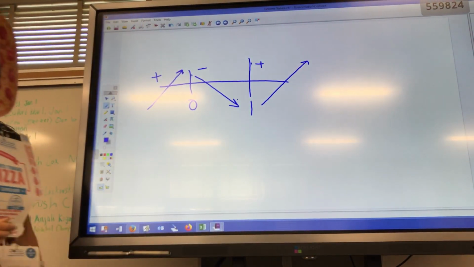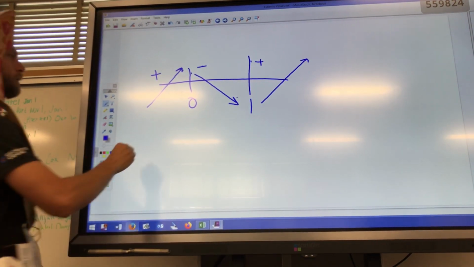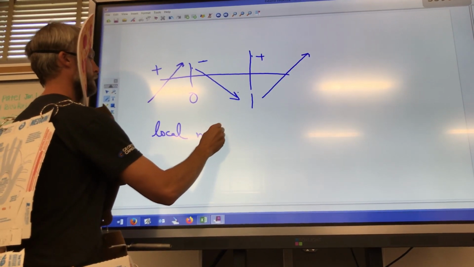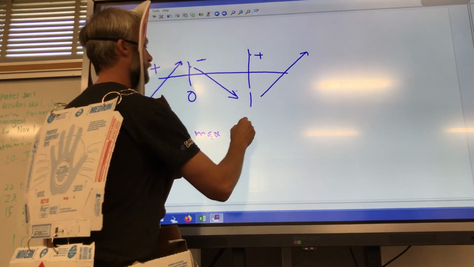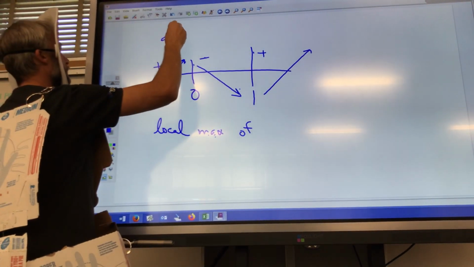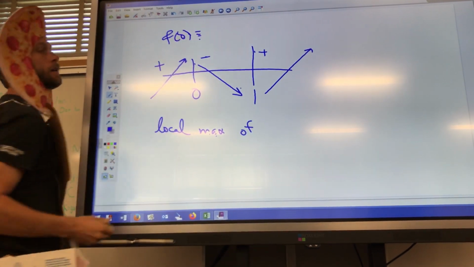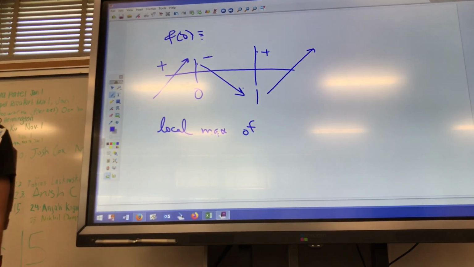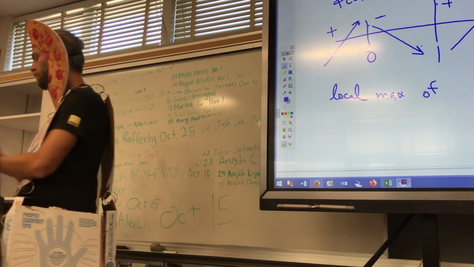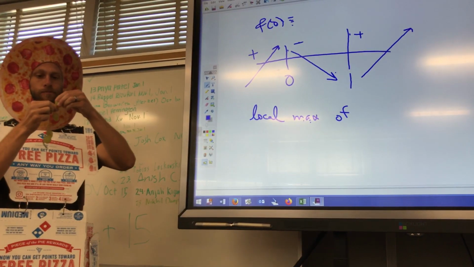So looks like we have a local max of, well, what's f of 0? f of 0 was 5.